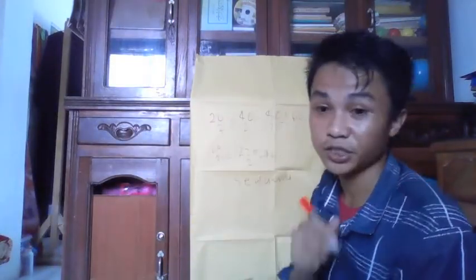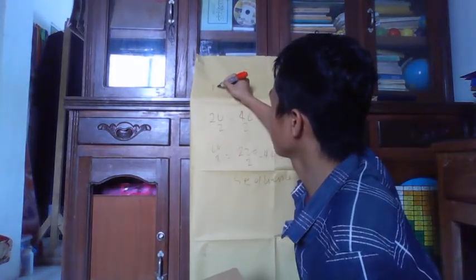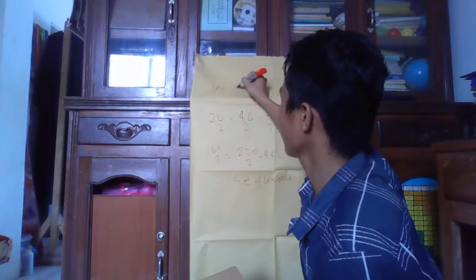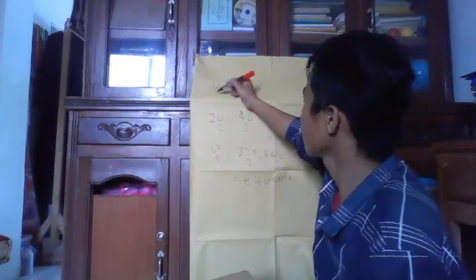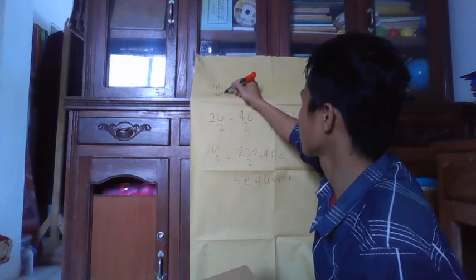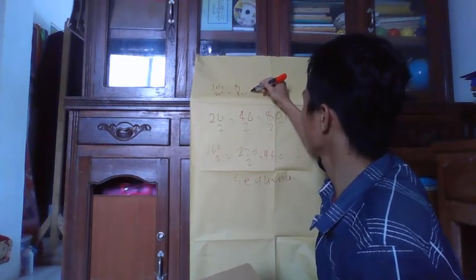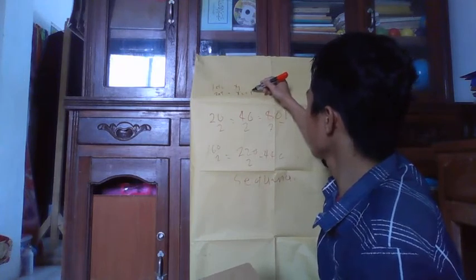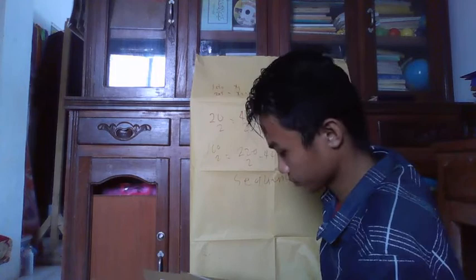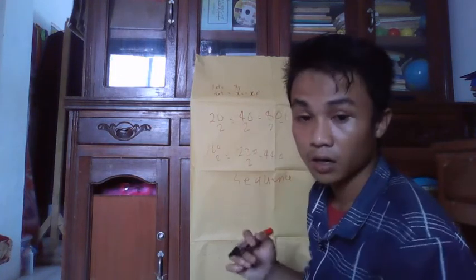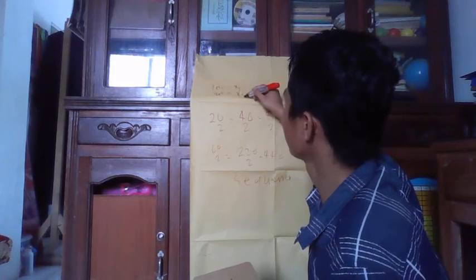So, in general term, the first term is x sub 1, right? Ito yung first. Second term is x sub 2 is equals to x sub 1 times r, para makuha yung second term natin.